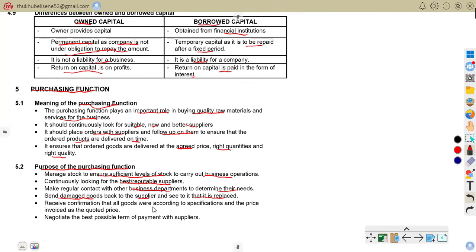So for those damaged goods, it is their responsibility to make sure that they are returned and replaced with the correct goods that are without errors. Receive confirmation that all goods were according to the specification and price invoiced as quoted. They also negotiate the best possible terms of payment with suppliers.